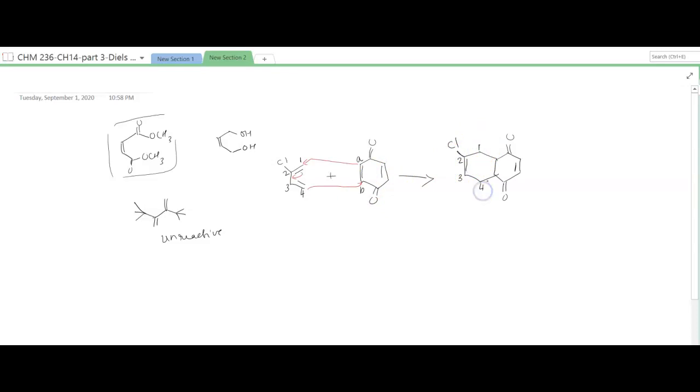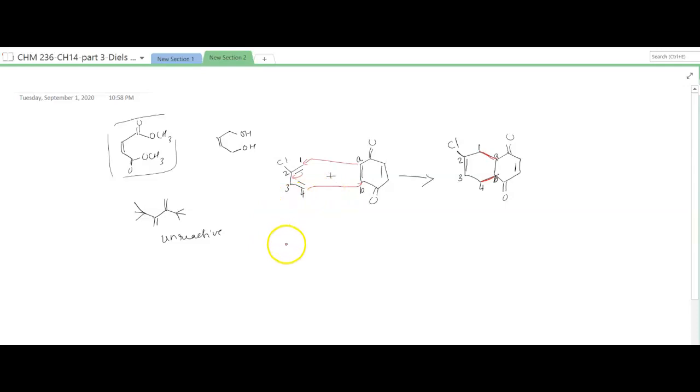So this is my 1, 2, 3, 4, and these are my carbons which were labeled as A and B. Okay, and we used red color to show the arrow. These are our new bonds. This is a new sigma bond, and this is a new sigma bond formed between this carbon atom from my alkene and the carbon atom from my diene. Okay, so I hope these reactions are clear to you to understand the Diels-Alder reactions.